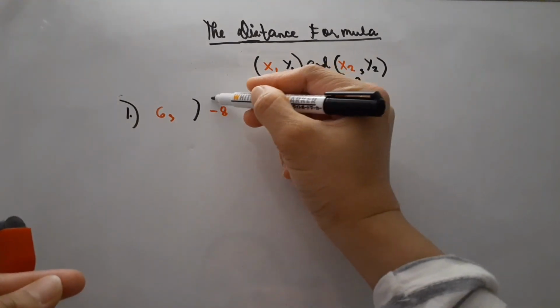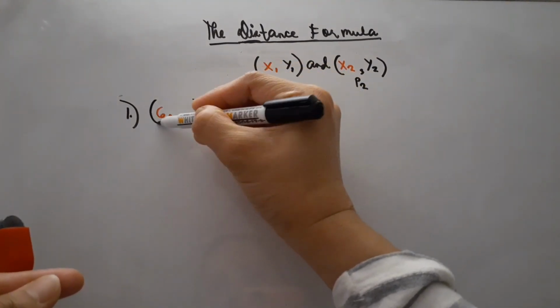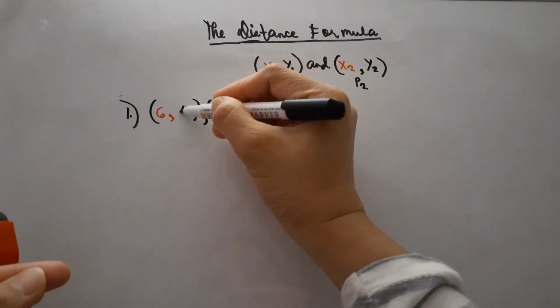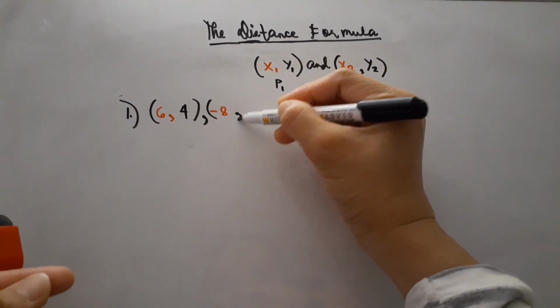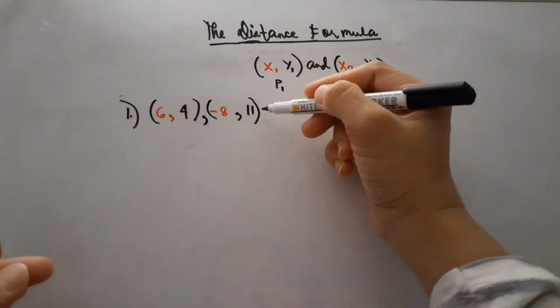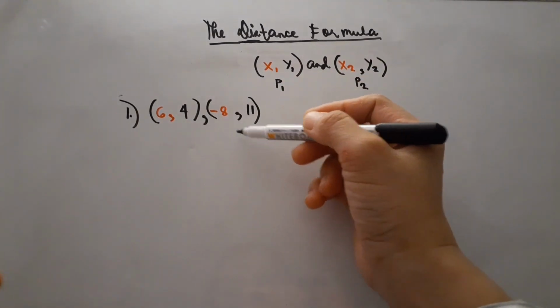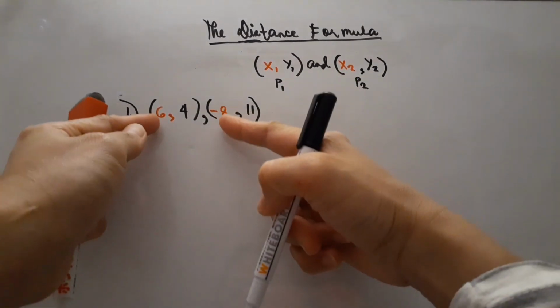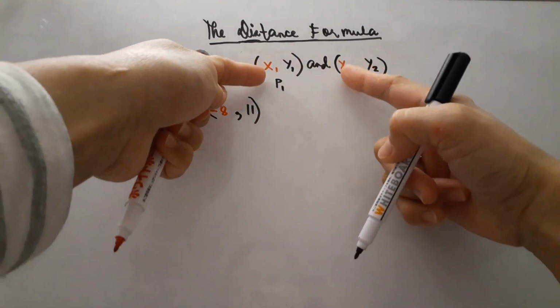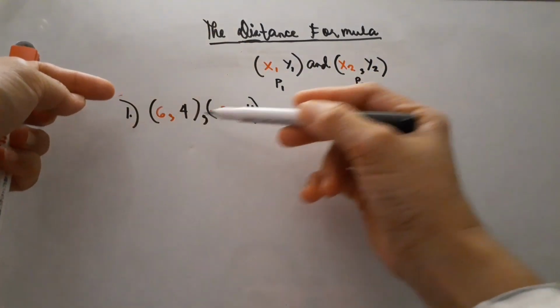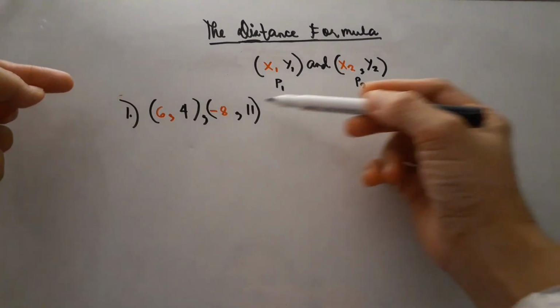So we can draw a right triangle, for example here in our coordinates 6 and 4. Remember the red color is the x-axis and the black color is the y-axis. So you can have point 1 and point 2.